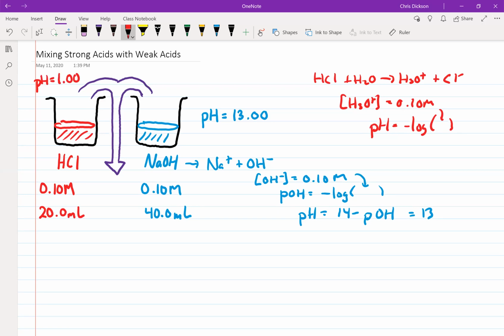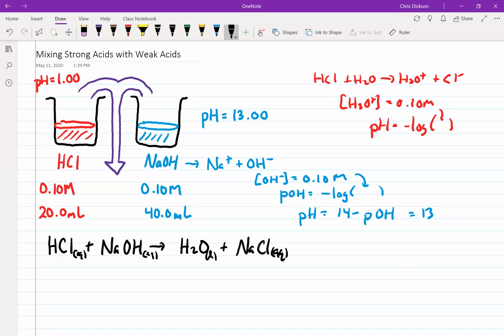Well, you might conclude, if you think back to Chemistry 11, that if you were to mix hydrochloric acid with some sodium hydroxide, that would be a neutralization reaction. So you might say, I would get water forming through neutralization, and I would get NaCl forming. Because they're both in solution, the water would be a liquid, and the sodium chloride would be in solution form because it's not a low-solubility salt.